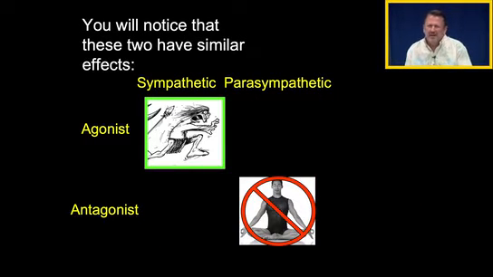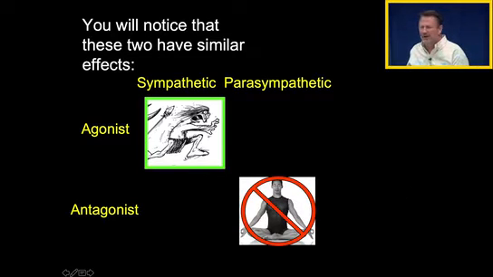It's as if there aren't a whole lot of words that all mean exactly the same thing in autonomic pharmacology. You're going to notice that these 2 completely different systems are going to have the same effects when you're blocking one or giving an agonist of the other.